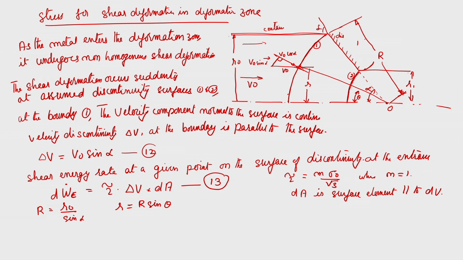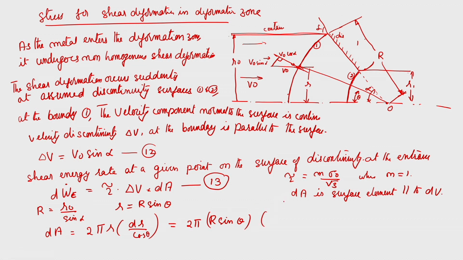Okay. And dA is equal to 2 pi r into dr by cos theta. We can write this relationship. So, that is equal to 2 pi into r, where r is equal to R sin theta, so capital R sin theta into dr by cos theta.